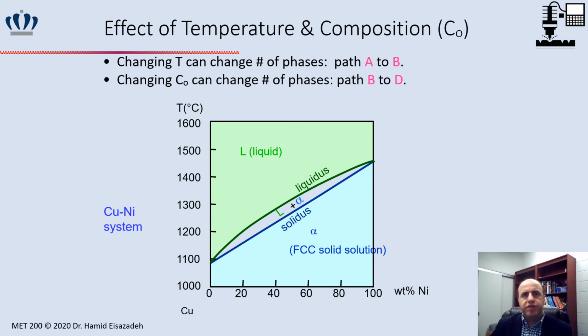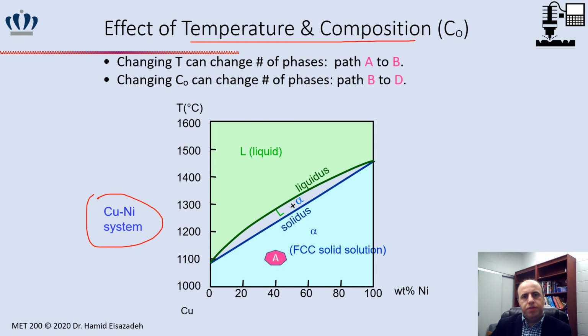Here in this slide, I'm going to show you the effect of temperature and composition in the phase diagram of the copper nickel system. As you see, if we change T, the phase will change.